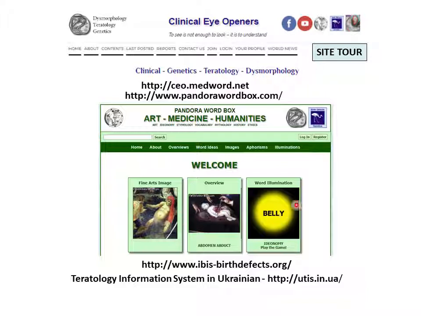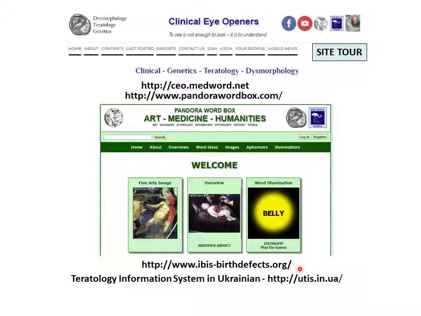So to begin a summary of what we have been presenting, here you see the address of Clinical Eye Openers, but yet there is another address, and that's a companion website, which is very important to us. We call it the Pandora Word Box because it presents the additional perspectives to grasp the importance of visual images, and that is from the fine arts, and to grasp fully the nomenclature, that is, the words that we use to communicate and share our visual impressions.